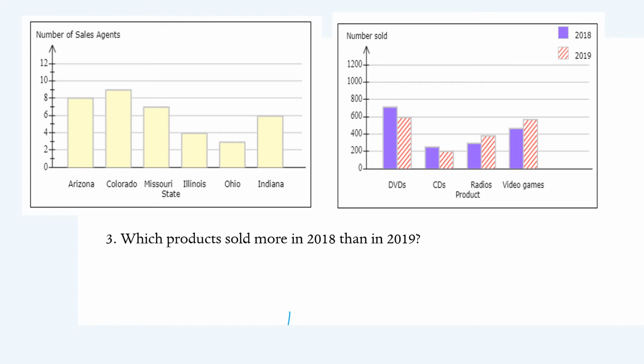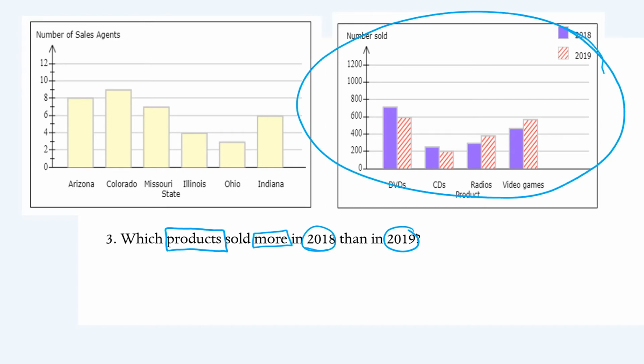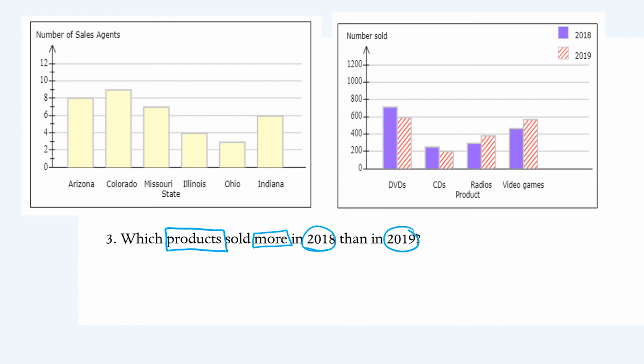Now we want to know which products sold more in 2018 than in 2019. Now we're looking at products, and the bar chart that tells us about products is the second bar chart. And we're trying to compare the sales in 2018 to 2019. So 2018 is this purple bar, and the number of sales in 2019 is this striped red and white bar.